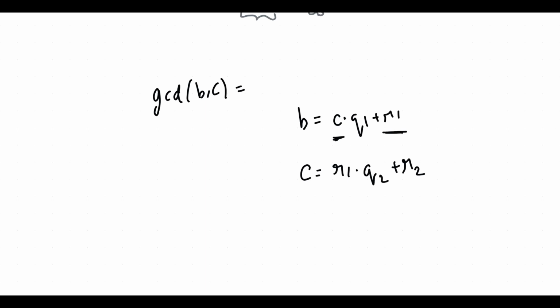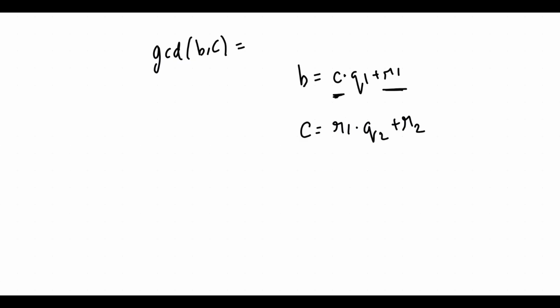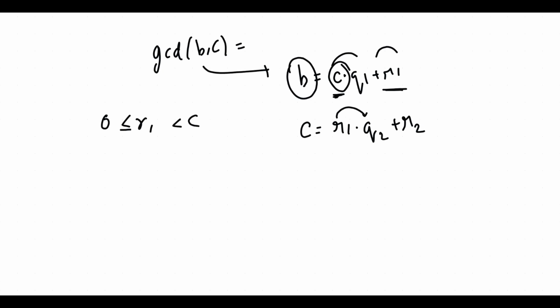Let us do some manual steps so everyone gets clarity. Here the first number is b, which is c times something plus a remainder. Now we divide c by that remainder, so c is r1 into something plus another remainder r2.